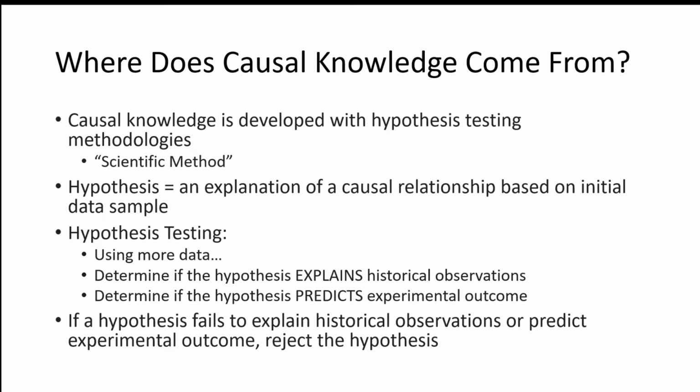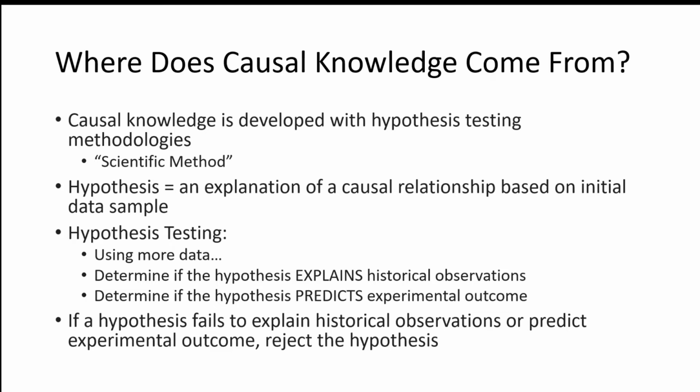Causal knowledge is developed with hypothesis testing, and this is also known as the scientific method. So the general idea behind hypothesis testing is that you propose a hypothesis, a conjecture of some kind. And that conjecture is a proposed explanation of a causal relationship based on some sample of data, usually a very small set of data.